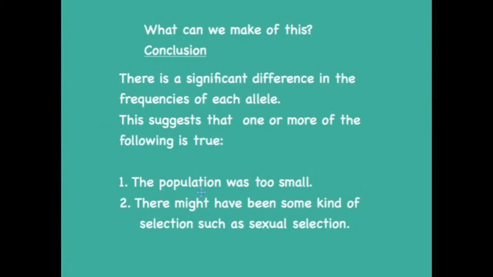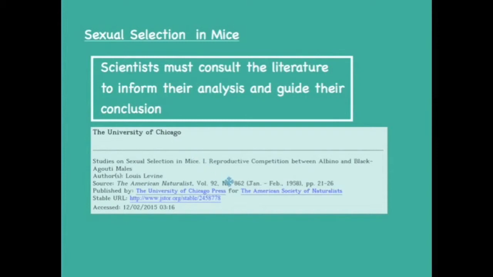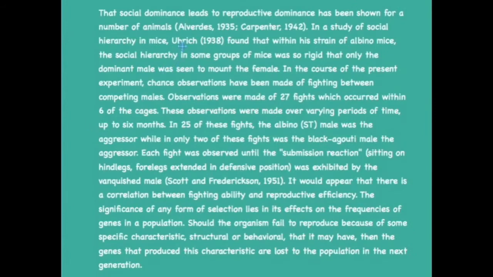The population was too small, and there might have been genetic drift, or there might have been some kind of sexual selection. I searched for this article from Levine, 1958. And here, Levine cites Ulrich, 1938, who found that within his strain of albino mice, the social hierarchy in some groups of mice was so rigid that only the dominant male was seen to mount the female.